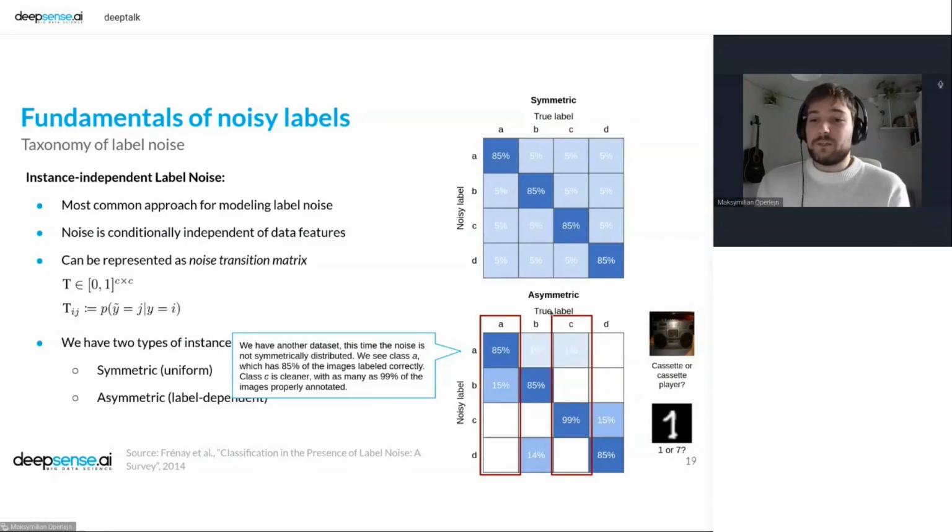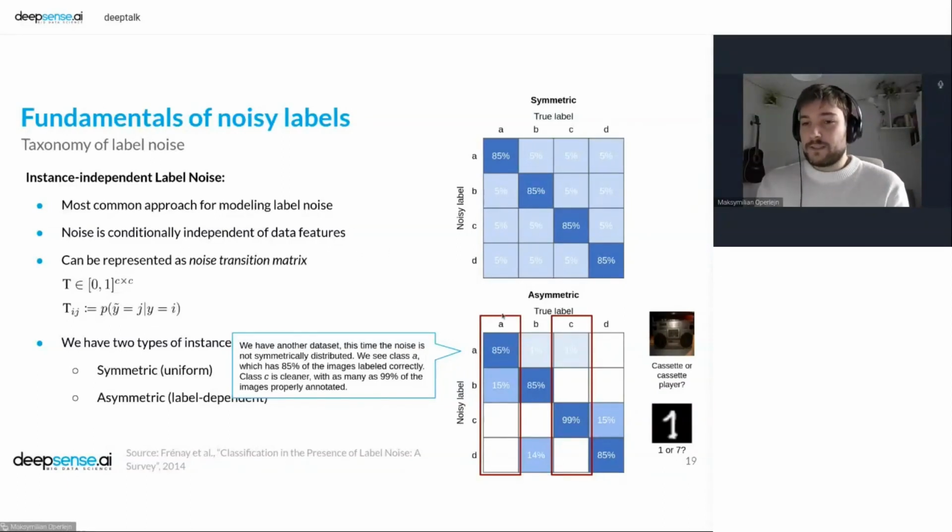Then we got a true label C, which has 99% of being labeled as C. So this is probably a clean example. So we cannot misinterpret it as another class. So we got only 1% that it will be flipped into the class A in the dataset.